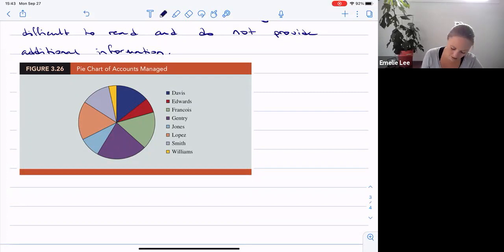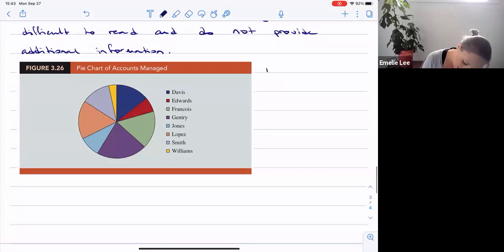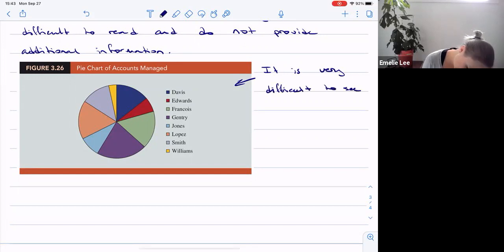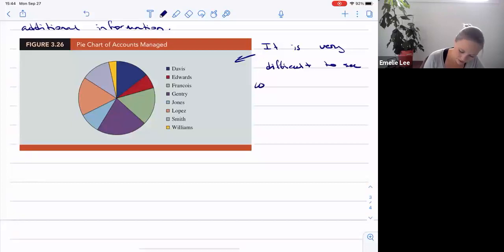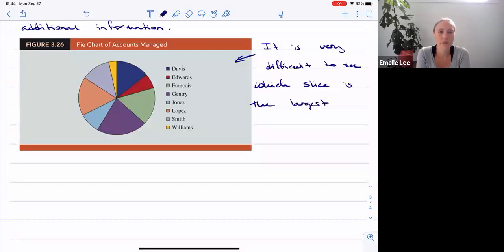So here, it is very difficult to see which slice is the largest, right?